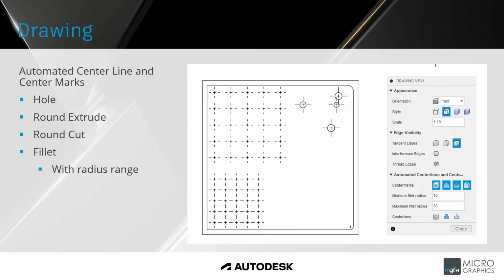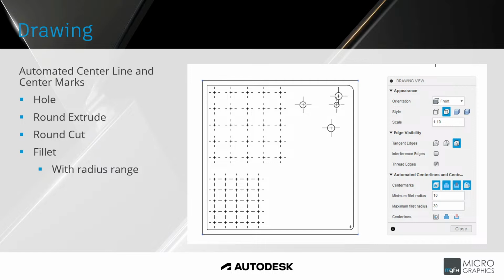Moving on to the drawing environment. For drawings, we now have the ability to add automated centerlines and center marks. On the right hand side, I've got a plate with various geometries applied to it, including standard holes using the hole feature. In the drawing view panel on the far right, we've got an automated centerline section, which is new in that panel, and you can set four different feature types to pick up.